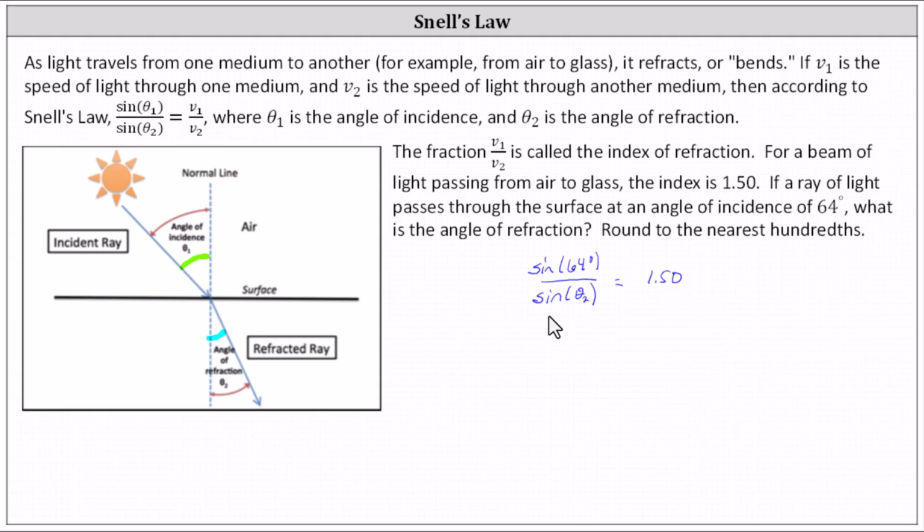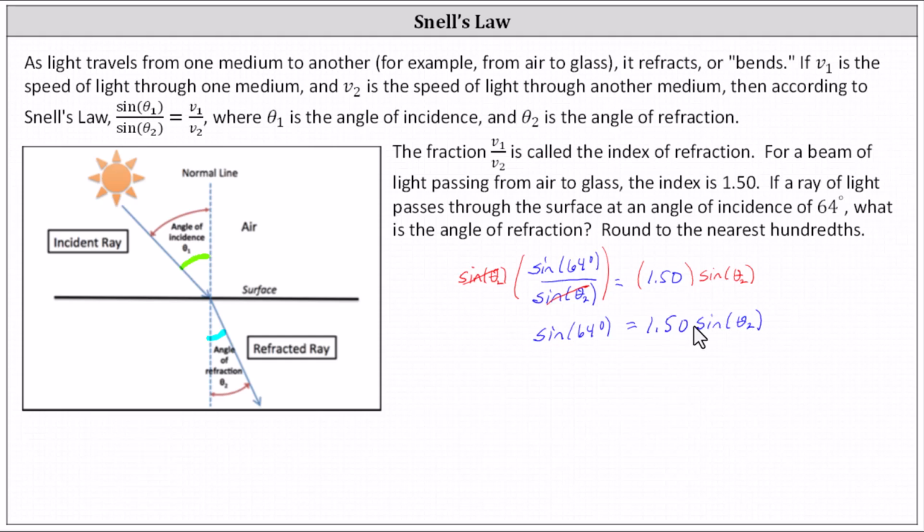Let's first clear the denominator by multiplying both sides by sine of theta sub 2. On the left side, sine theta sub 2 divided by itself simplifies to 1. We now have sine 64 degrees equals 1.5 or 1.50 times sine of theta sub 2.